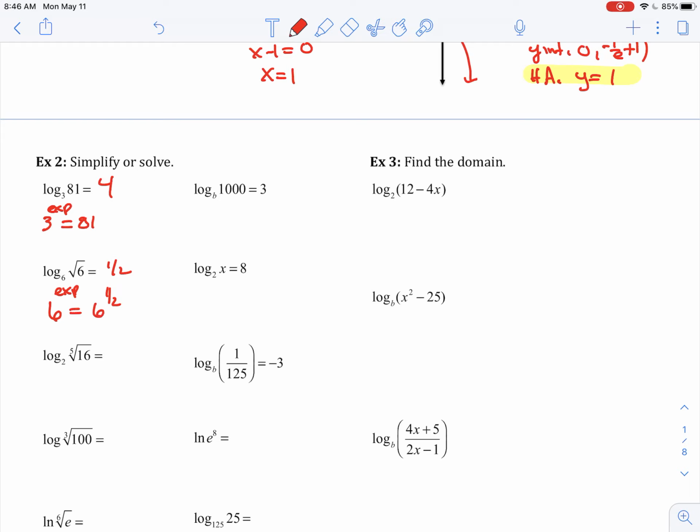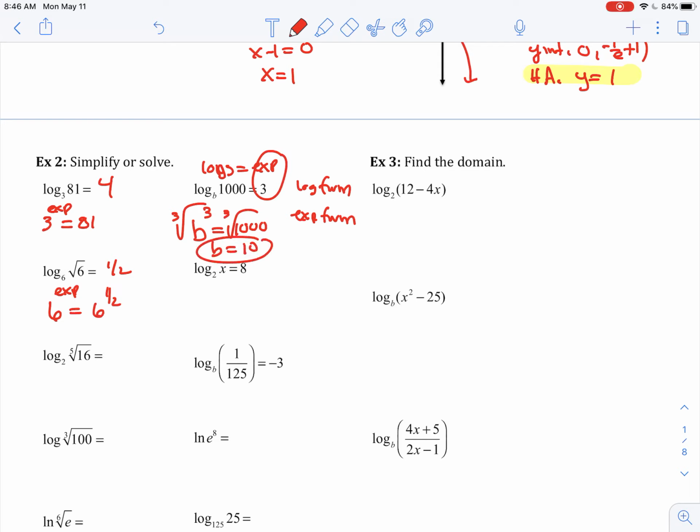On the right here, the log of 1000 base b equal to 3. Remember that this is a log form, and we can switch it to an exponential form. Logs equal exponents, so the 3 is our exponent, so b cubed equals 1000, and if we take the cube root of both sides, we know that b would equal 10.